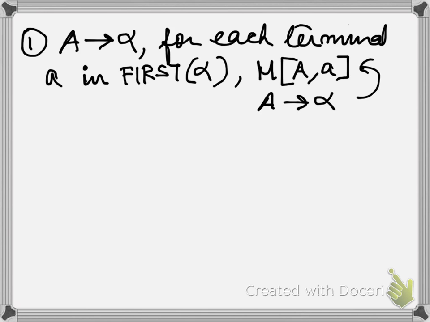So for all terminals in the first of alpha, we make entries in the respective cells.